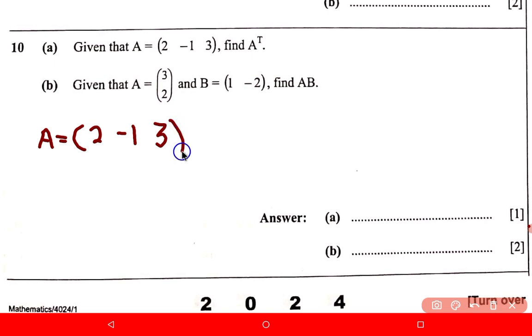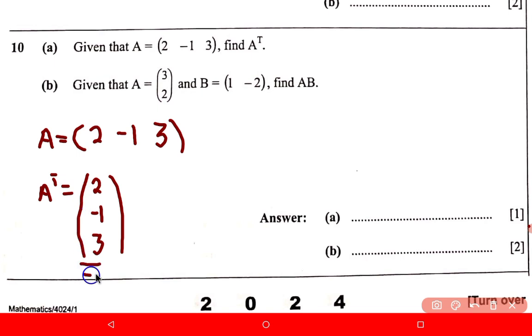Now to find A transpose, here this is a row, you're just going to make it a column. This is the answer here.